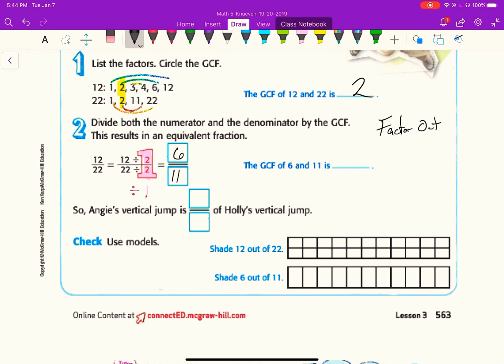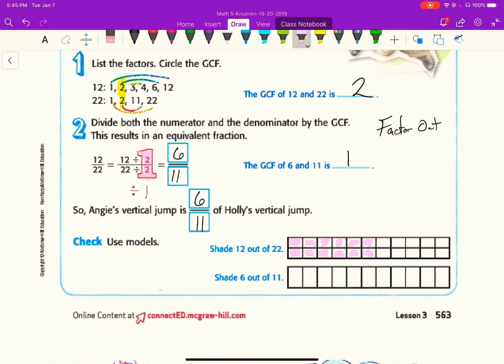So the greatest common factor of 6 and 11 is 1. So we can't simplify anything else out. It is in simplest form. So Angie's vertical jump is 6/11ths of Holly's vertical jump. Now we could do this also using a visual model and say, well, I'm going to shade 12 out of 22, and say, 1, 2, 3, 4, 5, 6, 7, 8, 9, 10, 11, 12.